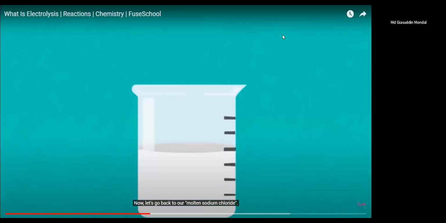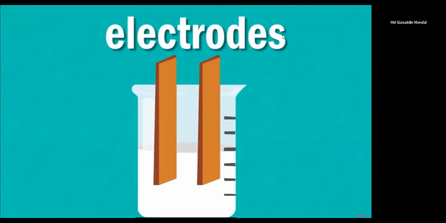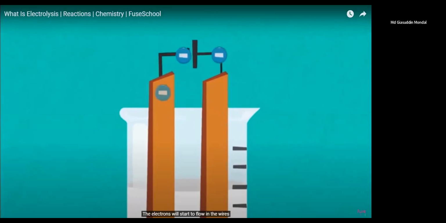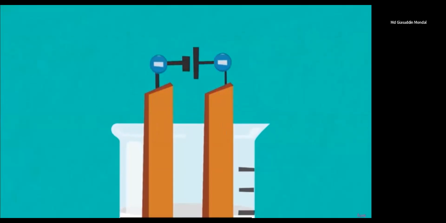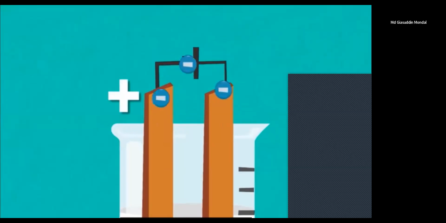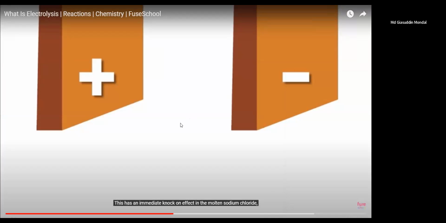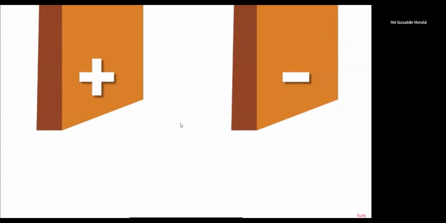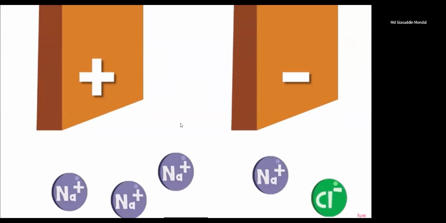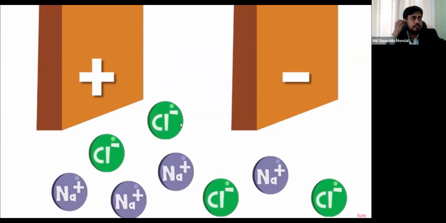Now, let's go back to our molten sodium chloride. We've added our copper wires, let's call them electrodes, and now we'll connect these to an electrical cell. The electrons will start to flow in the wires, and this will cause one electrode to become positively charged and the other negatively charged. This has an immediate knock-on effect in the molten sodium chloride, which is a mixture of sodium cations and chloride anions.